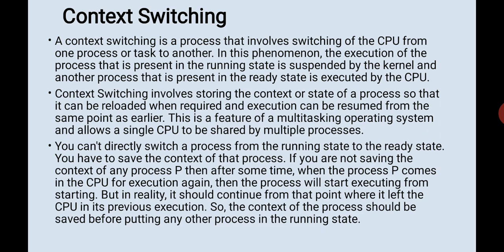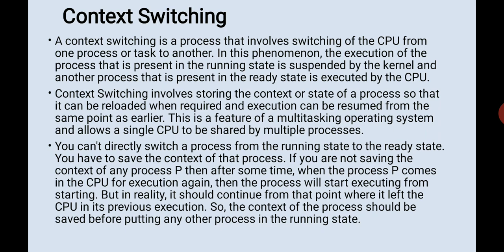Context switching is a process that involves switching the CPU from one process or task to another, right? In this phenomenon, the execution of the process that is in the running state is suspended by the kernel, and another process that is in the ready queue is executed by the CPU.